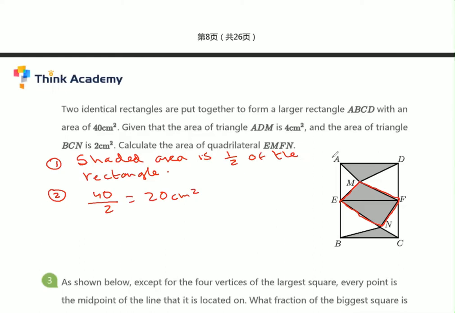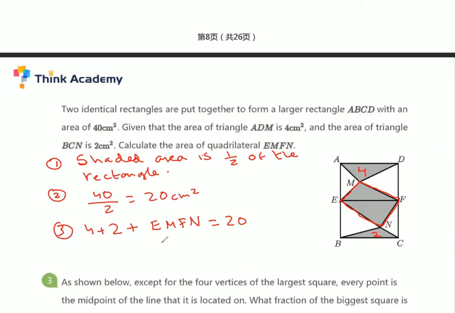Okay, now we've been told that ADM is equal to 4 centimeters squared, and we know that BCN is equal to 2 centimeters squared, and we know that 4 plus 2 plus the area of the quadrilateral EMFN over here in the middle has to be equal to 20 centimeters squared, because we've spotted the half model inside this big rectangle.